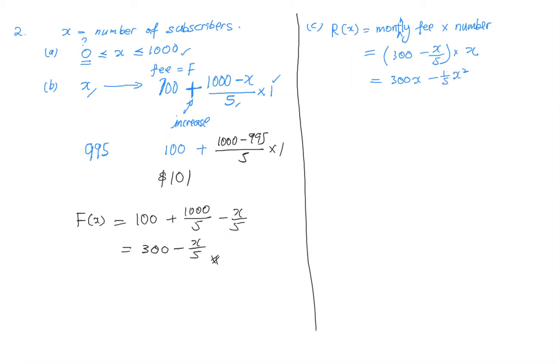Then after that, they say hence, find the increase of monthly subscribing fees that will yield maximum revenue. Same thing. When you have the function already, for maximum or minimum, what must you do? You must differentiate. This is the first step.